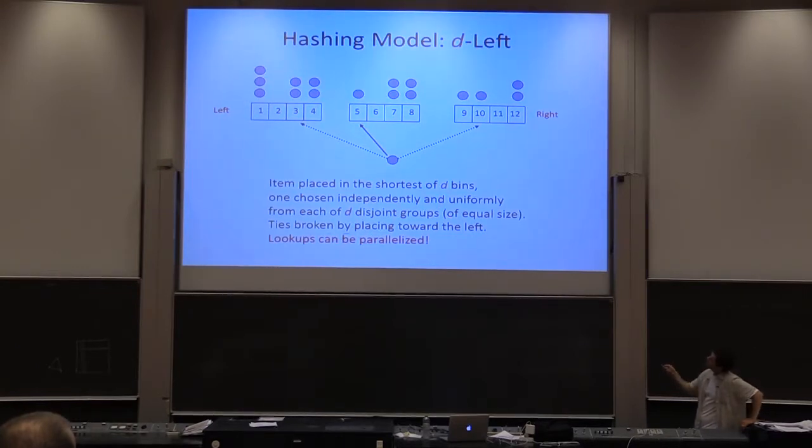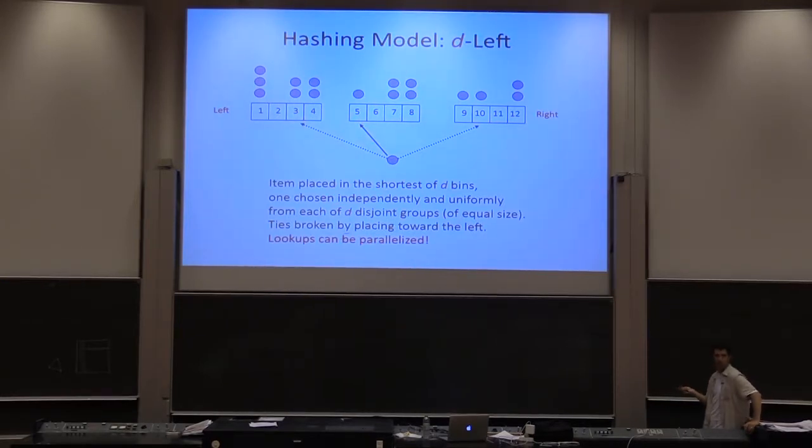We're going to work with our split version of the table. I should point out that using a split version of the table in itself doesn't change anything. It would give you the same result whether you split or not in terms of the choices. But he added the following idea. Not only are we going to split the table, but we're always going to put things in the least loaded.